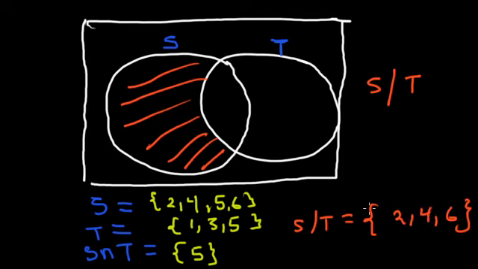This is the set difference of S and T. And take note of this: 5 has not been included in the set difference because 5 is also a member of T. So this is the set theoretic difference or the relative complement of a set.